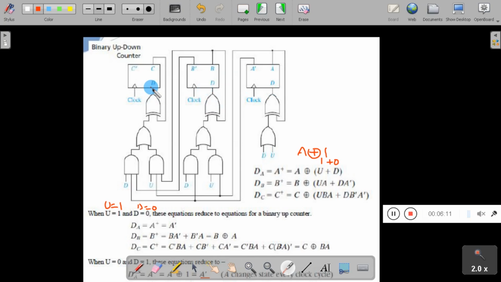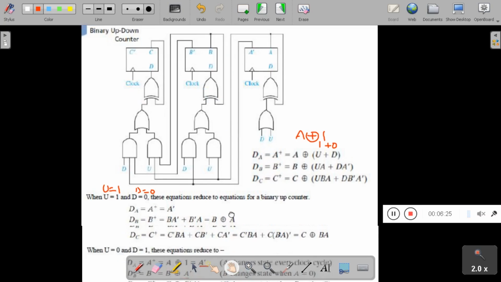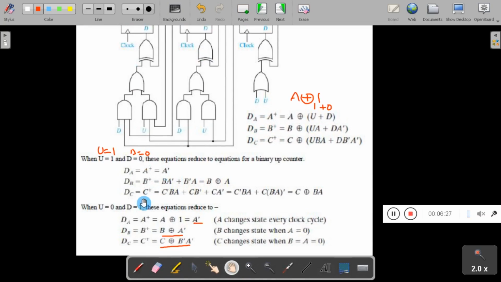Now DA is nothing but A bar when U is equal to 1 and D is equal to 0, and when U is 0 and D is equal to 1.